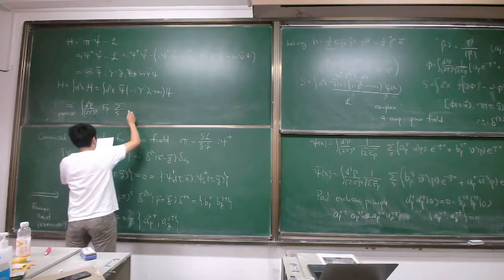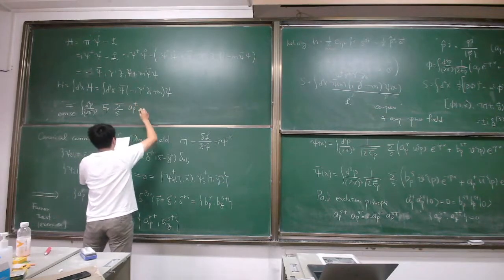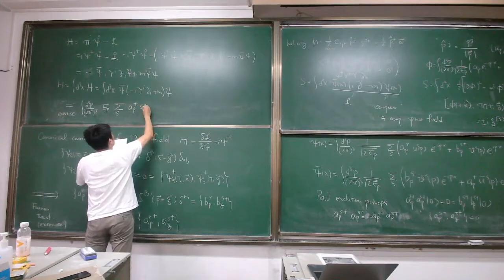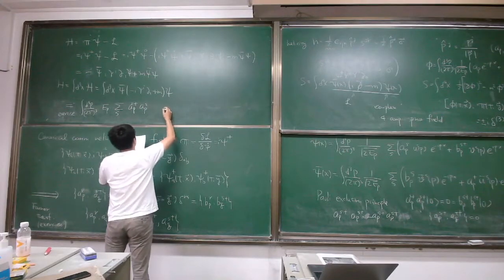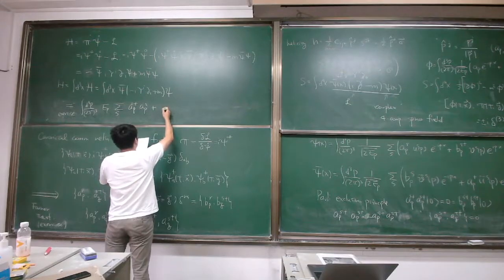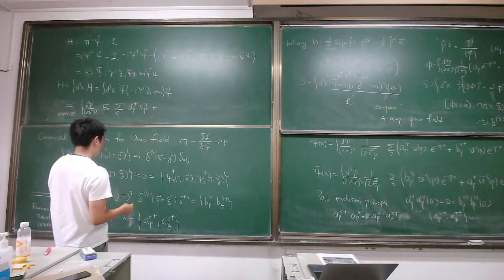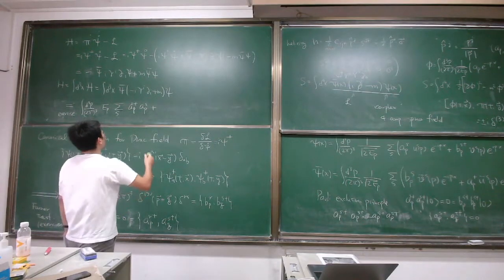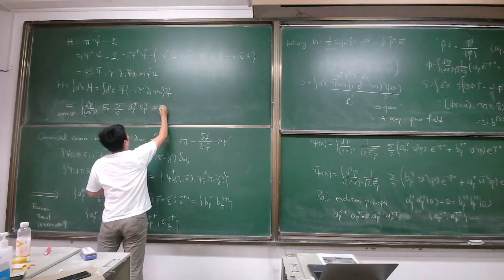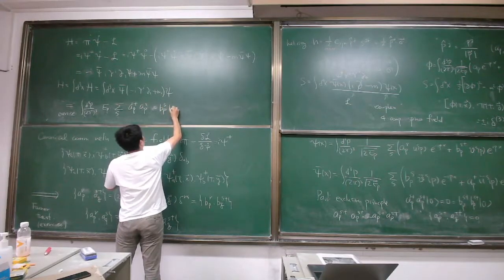Sum over s, a_p,s dagger a_p,s, and then plus, sorry, in fact here you get minus b_p,s b_p,s dagger.